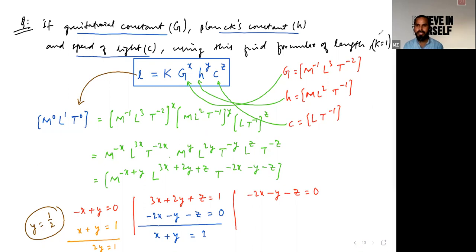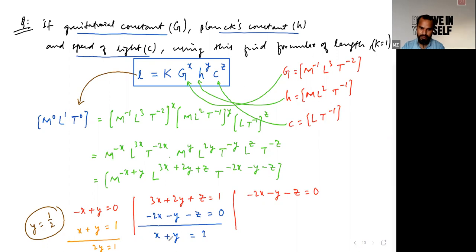Yeah, there is some mistake in calculation or in the value of z. I have just given the value of k to be just 1. From where did you get 2 pi? Just see, we have calculated y is equal to plus half.